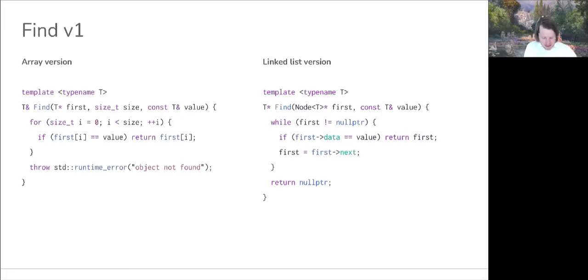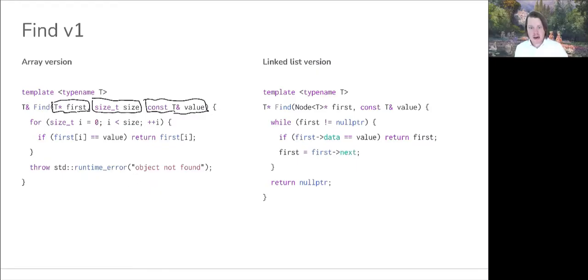So I said, okay, we're going to take a pointer to the base element of our array. Since arrays do not know their own size, we'll pass in their size, and we'll pass by reference to const the value we're searching for. Find in this case is pretty simple. For i equal to 0, i less than size, we hit the loop body and check whether the element at the ith location of first is equal to the value we're looking for.